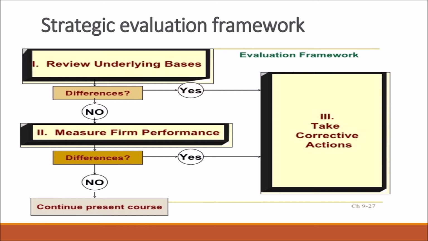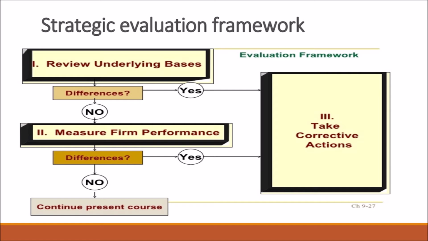So we want to grow at 10%. We are now growing at 2%. The time has come for us to do the evaluation. We do that. So once there's this huge gap, it means that something is wrong. So we have to take corrective actions to change what we are doing to ensure that we grow at 10%.